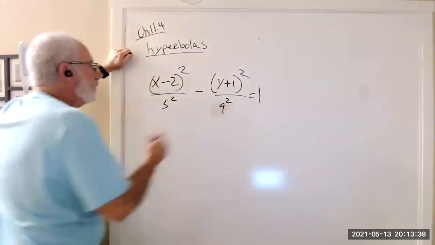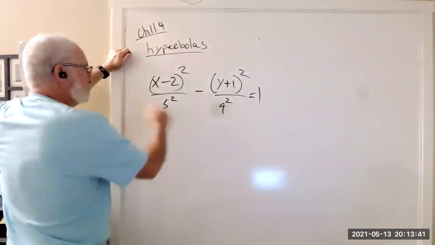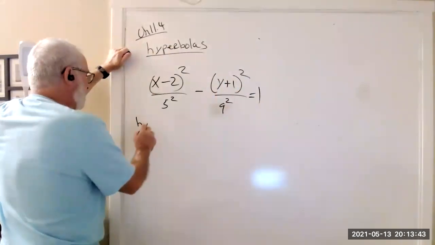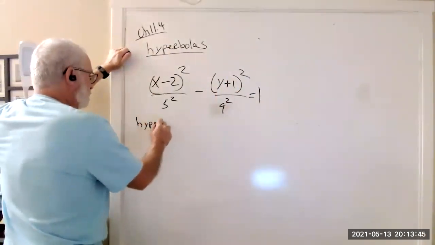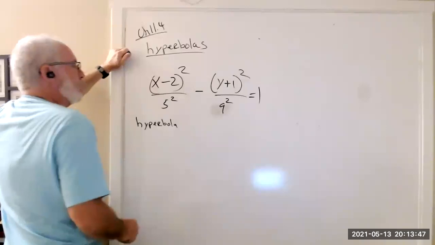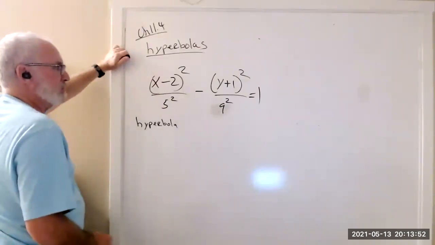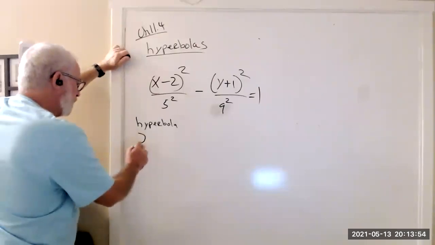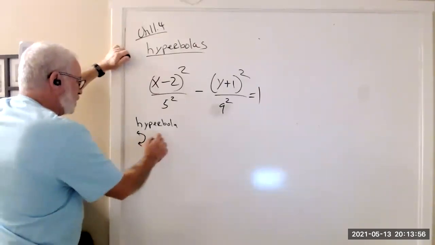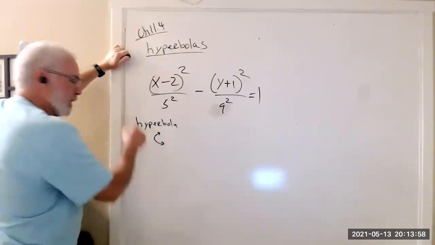Okay, so what do we know? First off, we know it's a hyperbola. Which direction is it going to go, just by glancing at it? Sideways. So we know it's going to be a sideways one. So that's what we're going to pick on Mom. We're going to click on that.